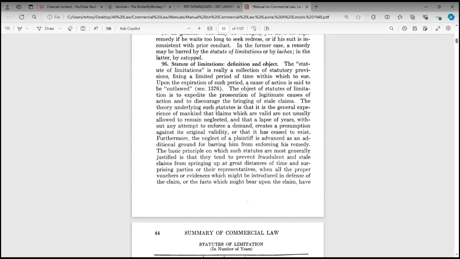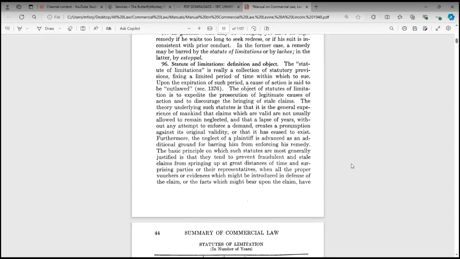The theory underlying such statutes is that it is the general experience of mankind that claims which are valid are not usually allowed to remain neglected, and that a lapse of years without any attempt to enforce a demand creates a presumption against its original validity, and that it has ceased to exist. Furthermore, the neglect of a plaintiff is advanced as an additional ground for barring him from enforcing his remedy.